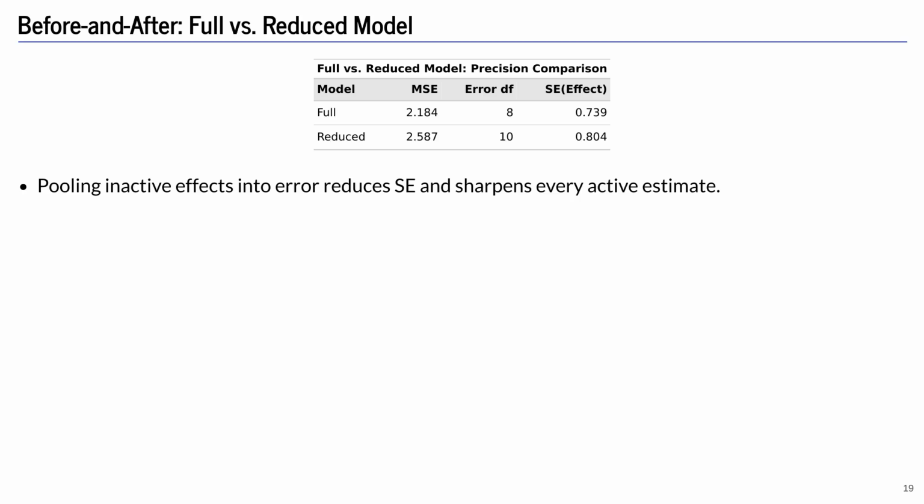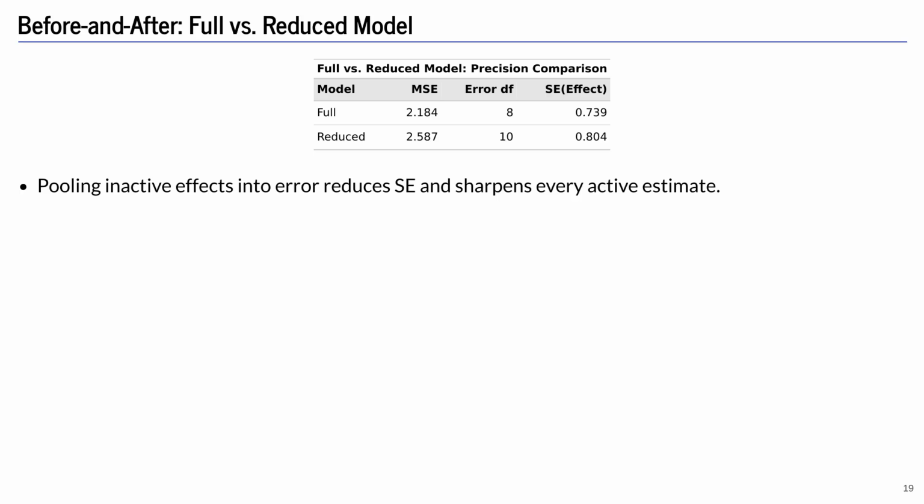2 things to notice. First, the error degrees of freedom increased from 8 to 10. We gained 2 degrees of freedom by removing 2 inactive terms. Second, the standard error of each effect estimate changed from 0.739 to 0.804. Wait, the SE went up slightly, even though we gained degrees of freedom. That can happen when the pooled terms carry some variance.